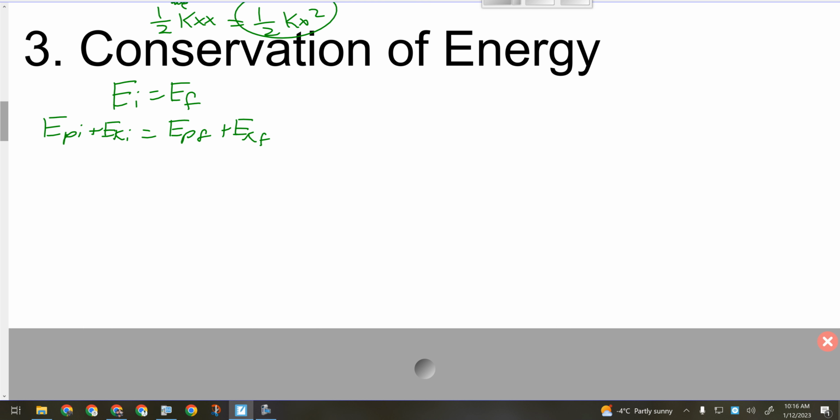And for a pendulum, that's going to be m times g times h initial plus 1/2 mv initial squared equals m times g times h final plus 1/2 mv final squared, because a pendulum uses gravitational potential energy, not elastic potential energy.